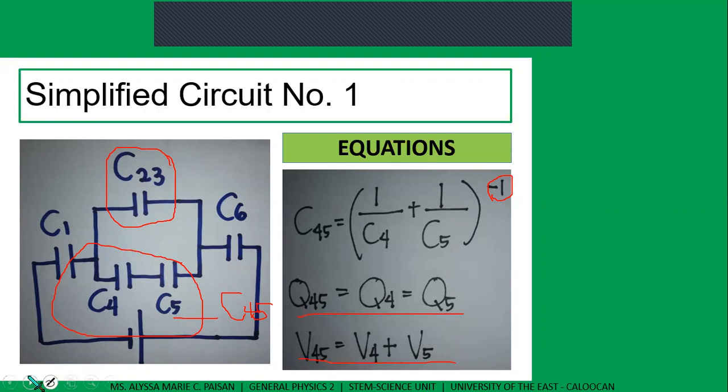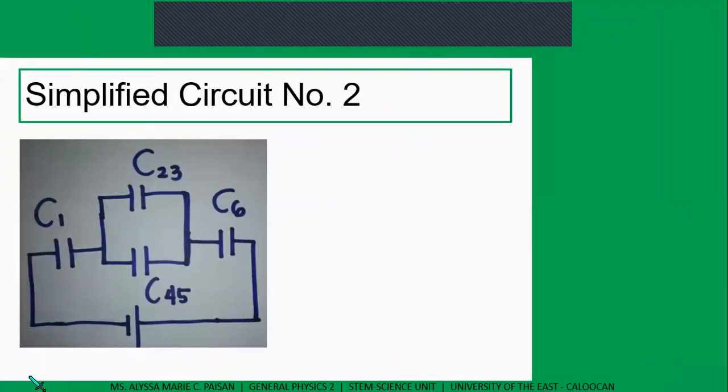Okay? Ayan. And then next, since hindi pa to yung final, di ba, medyo komplikado pa siya, hindi mo pa ma-identify kung series ba siya or parallel, although alam naman na natin dahil sa title, pero we assume kung hindi ko sinabi na series ang kalalabasan nito, hindi ka pa sure kung anong connection kasi ang complicated pa niya. So, isi-simplify natin ulit, and it will look like this. Ayan, magka-combine na rin C4 at saka C5.